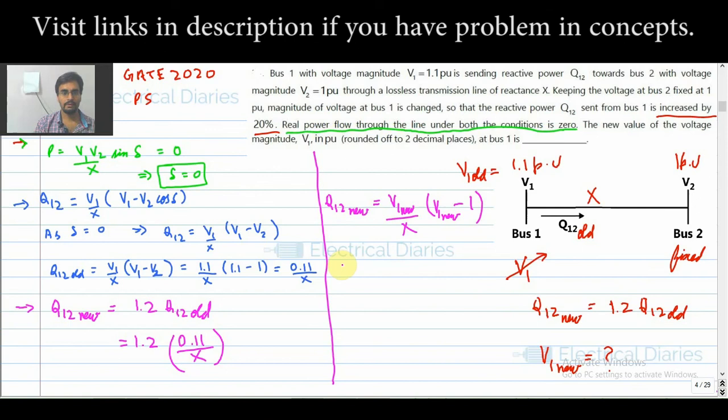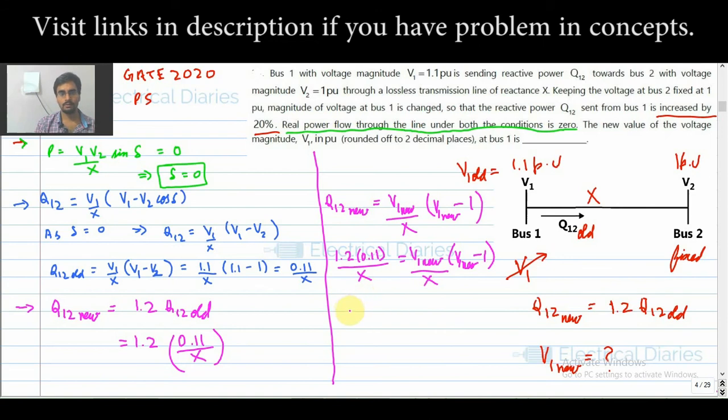Okay, now Q12 new we have calculated as 1.2 into 0.11 divided by X is equal to V1 new divided by X into V1 new minus 1.